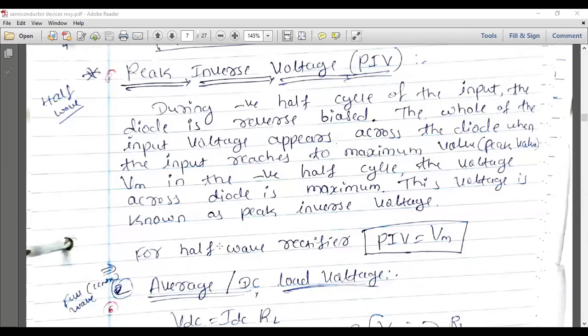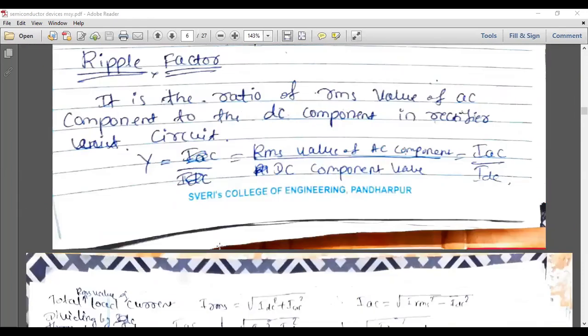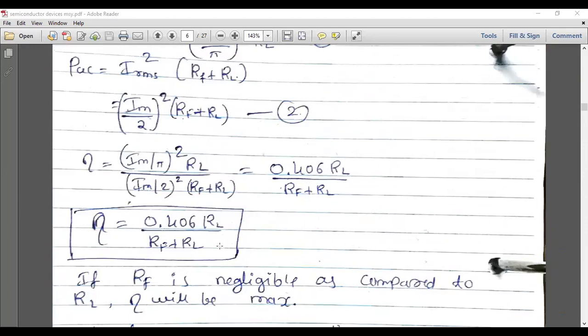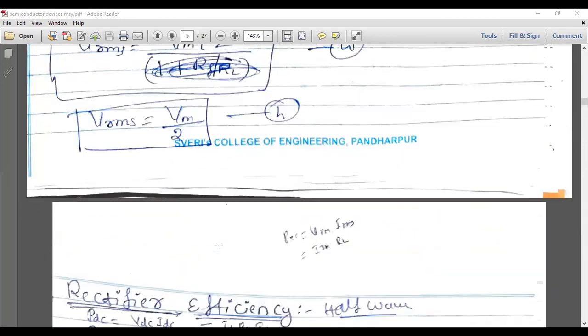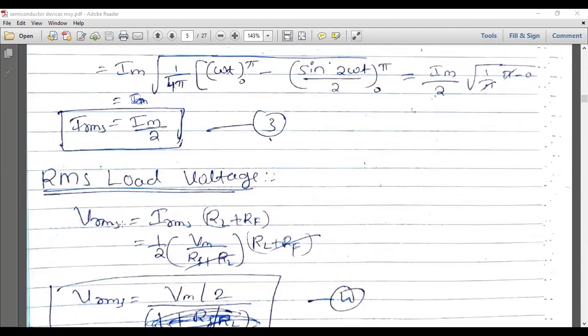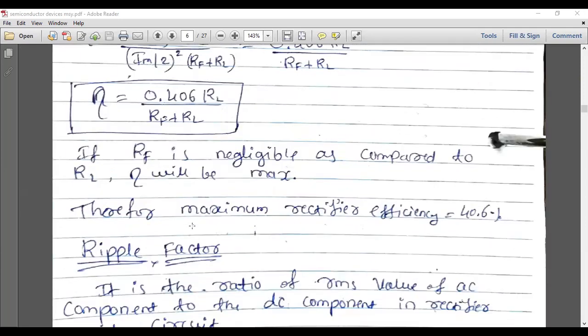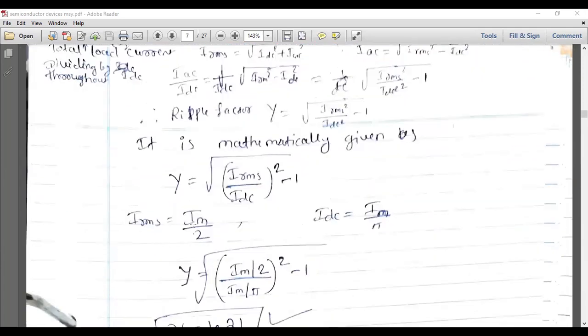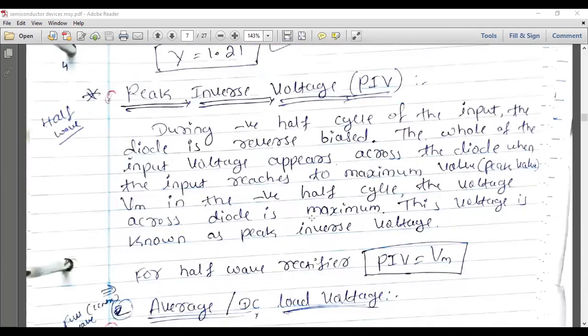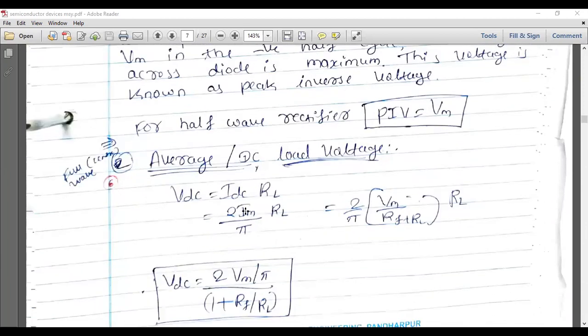Did you not calculate it anywhere? Something must have been missed while scanning. Leave it, bro. After the ripple factor comes the peak inverse value. We only use the average DC load voltage. Okay, no problem. IDC equals 2 IM by pi. We have derived the equation here.